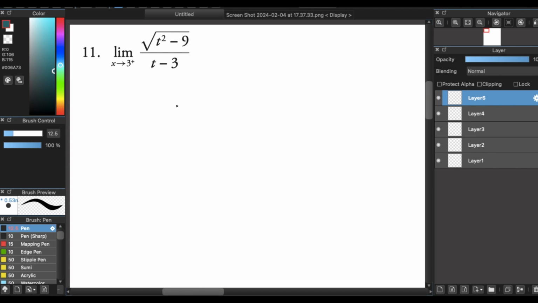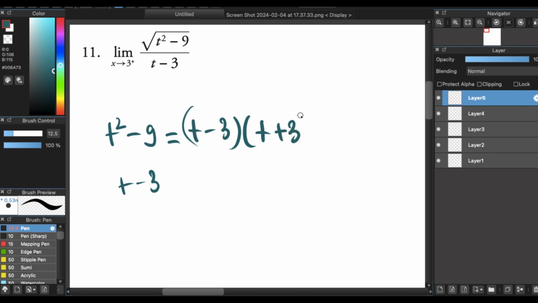Okay, so what do we see here? Let's take a look at this. We have t squared minus 9 and t minus 3. Don't you think that there's something special about it? Obviously, right? Because t squared minus 9 is equal to t minus 3 multiplied with t plus 3, right?